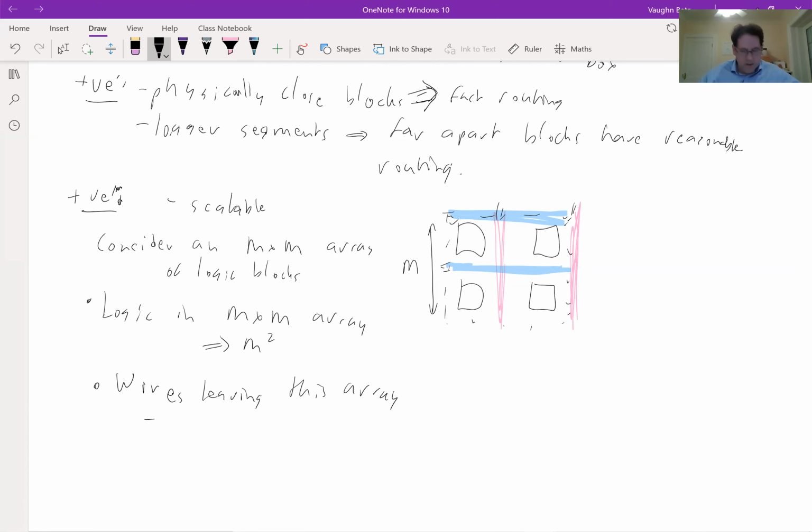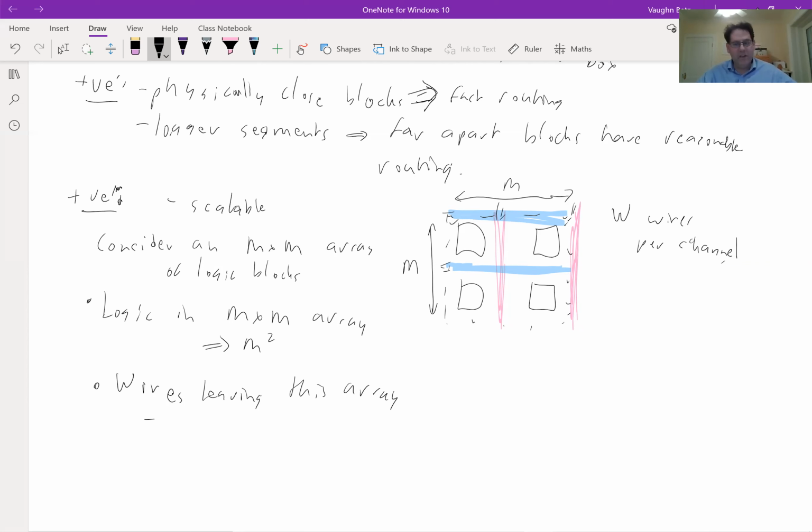If my channel width is W, we said the number of wires per channel is W. So my answer of how many wires are leaving this M by M array, let's put the other M on here to make clear what it is. Every one of these channels is going to have W wires in it, so my answer is going to have a W in it.